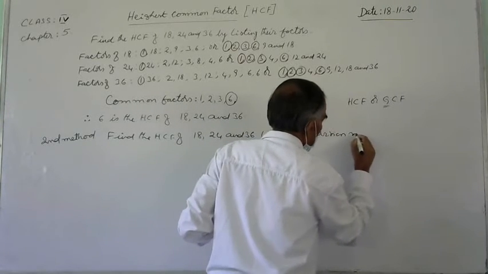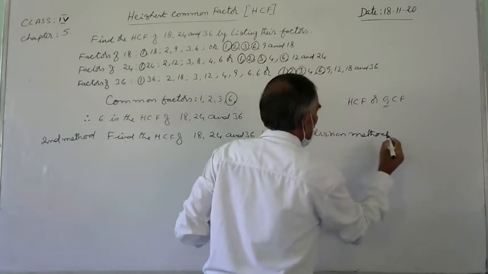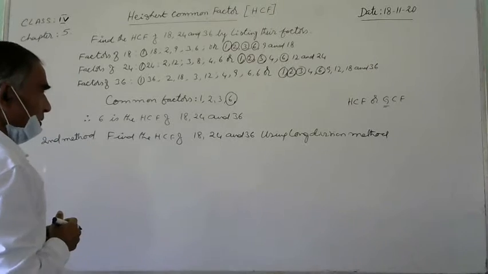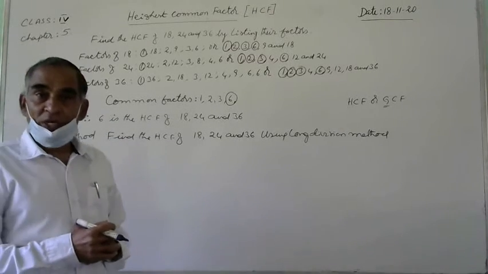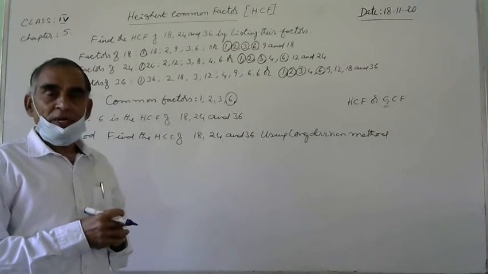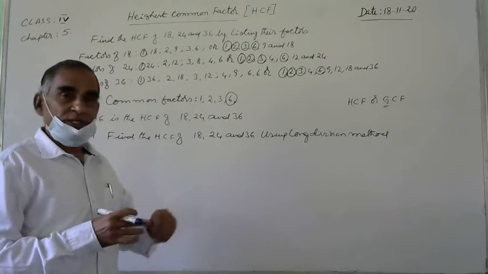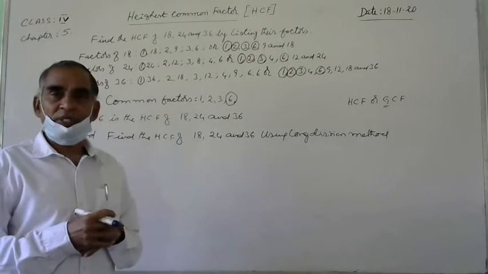While finding the HCF using the long division method, you take the highest number. What is the highest number? 36. You divide the 36 by one of the other numbers.